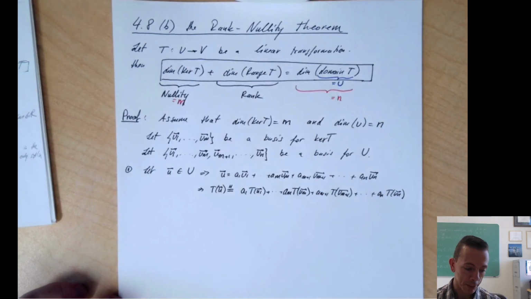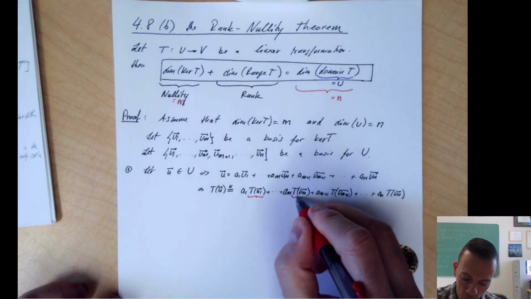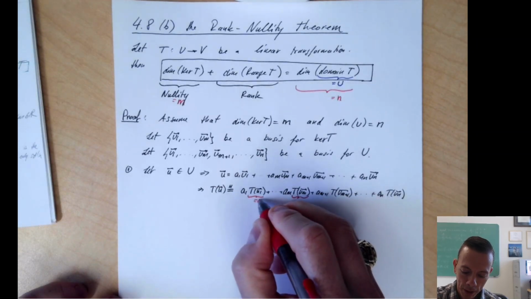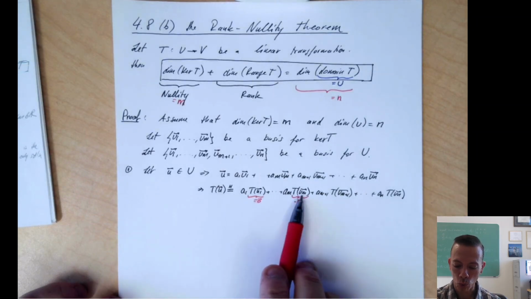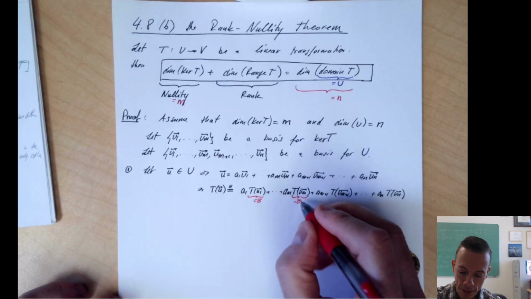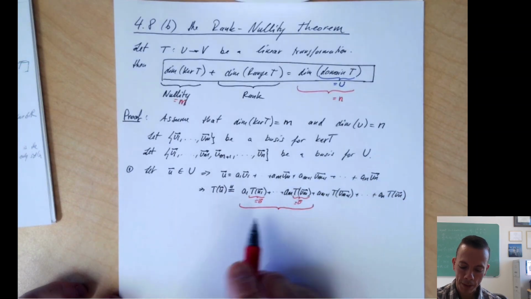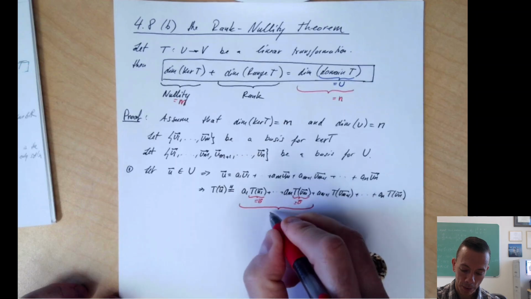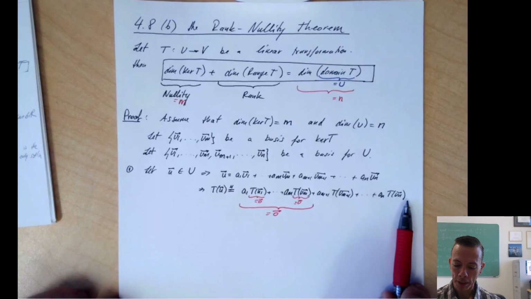Okay, so now we see that all of these vectors T(u1) through T(um) are all 0 because we assume that the vectors u1 to um are all in the kernel, which means their image is 0. So this first part of this expression will be equal to 0. So what we're left with is just the second part right here.